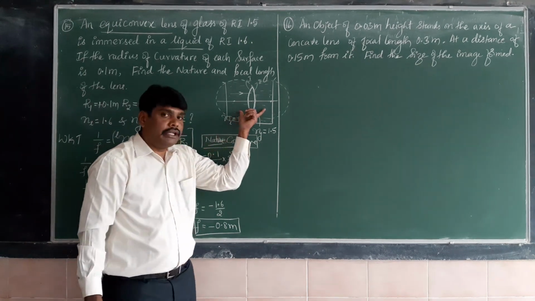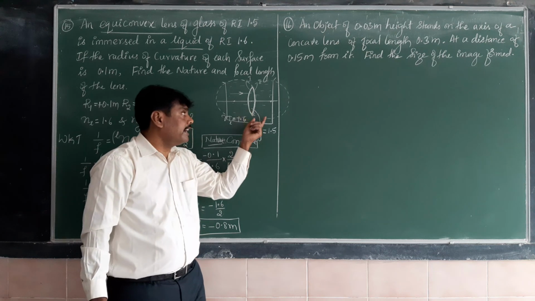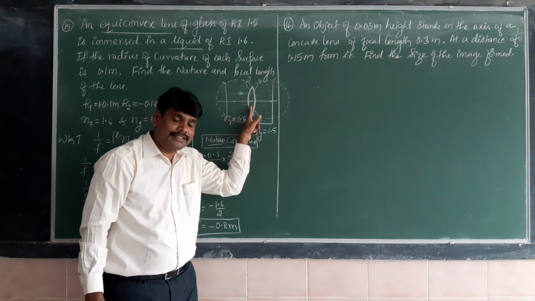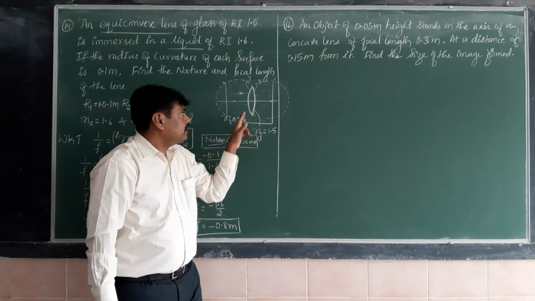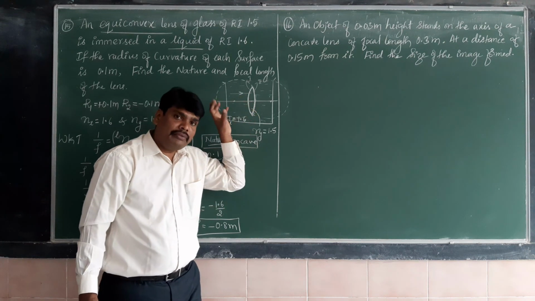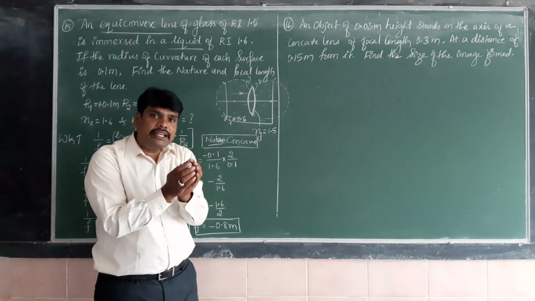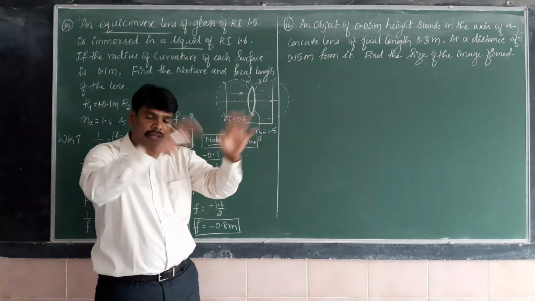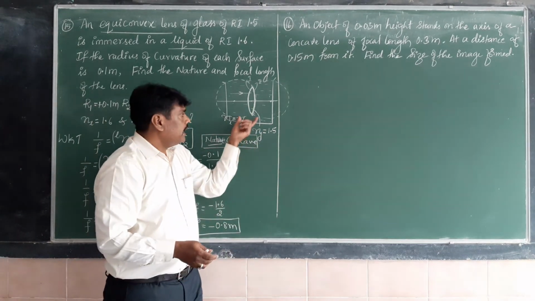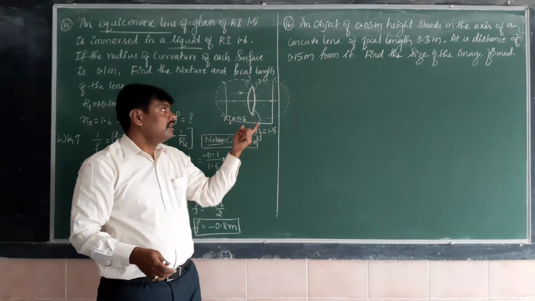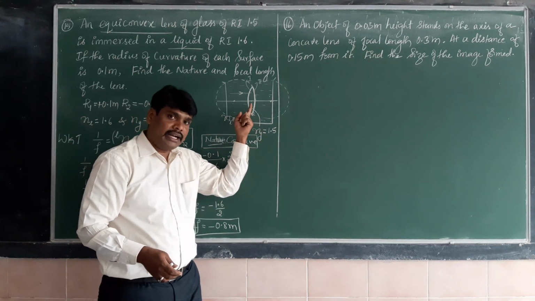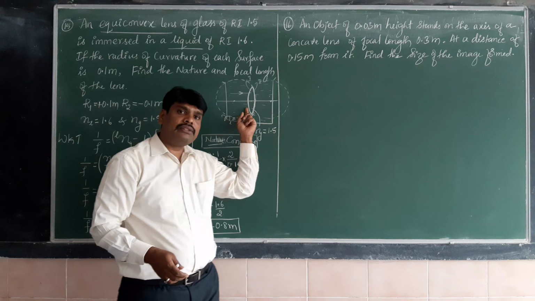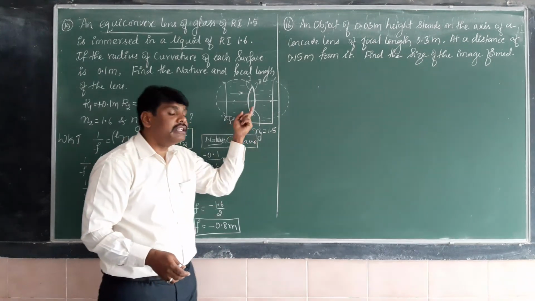If the refractive index of the surrounding medium is greater than the refractive index of the lens, at that time the convex lens behaves like a concave lens. Actually a convex lens is a converging lens. When it is surrounded by a liquid whose refractive index is greater than that of the lens, at that time this lens behaves like a diverging lens.